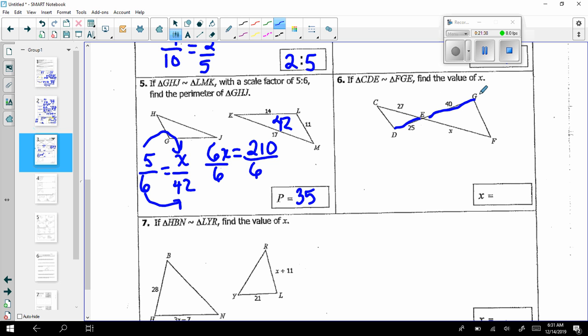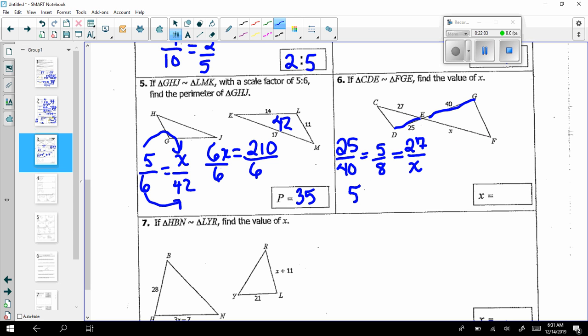So let's do the scale factor for that. 25 over 40, we can reduce that fraction to 5/8, right? So we're going to do 5/8 is equal to 27 over x, right? Because 8 is the bigger number. So this bigger triangle has to be on the bottom.